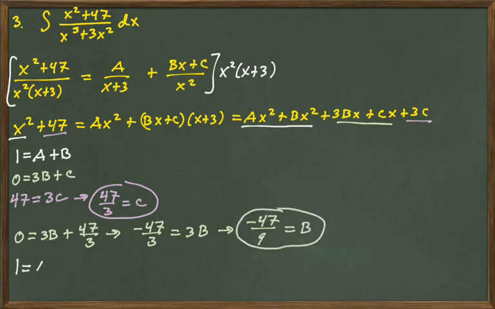And then substitute into the top equation, A plus negative 47 over 9 is going to be 56 over 9 when we add 47 over 9 to both sides. 1 is 9 over 9, so 9 plus 47 is 56.